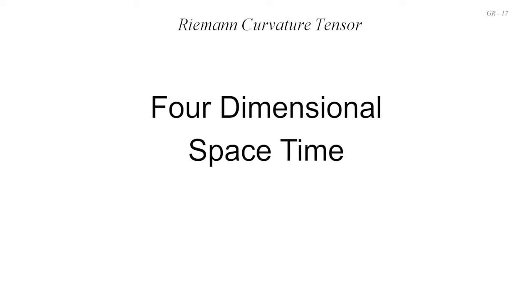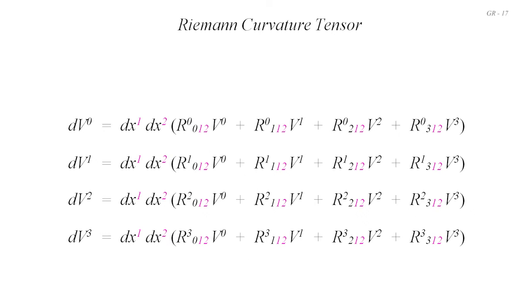Now, on account of the fact that we have four-dimensional space-time, it means that if we look at the curvature at a point by going around the rectangle in those same two dimensions, dx1, dx2, we would actually have four equations for the changes in the components of the vector. What we're doing is we are picking a point or event in four-dimensional space-time, but in looking at the curvature at that point, we are only for the moment going to consider taking the vector v to be parallel transported around a loop in the x1, x2 plane.